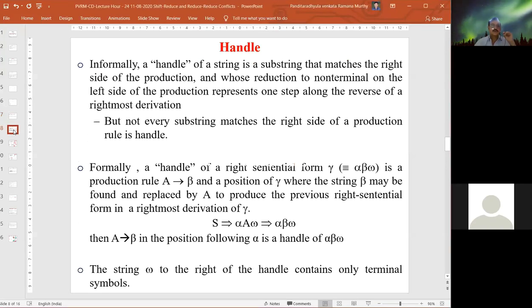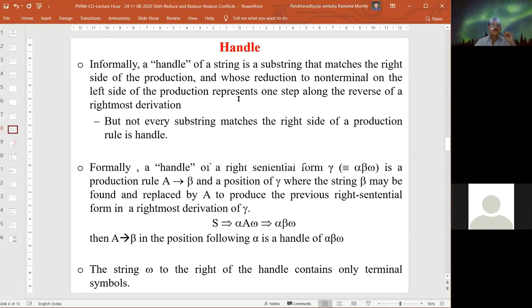Now, before moving on, let us recall the meaning of a handle. We identified previously that a handle is the right side of the production which is available on the top of the stack. Informally, a handle of a string is a substring that matches the right side of a production and whose reduction to the non-terminal on the left-hand side of the production represents one step along the reverse of a rightmost derivation.